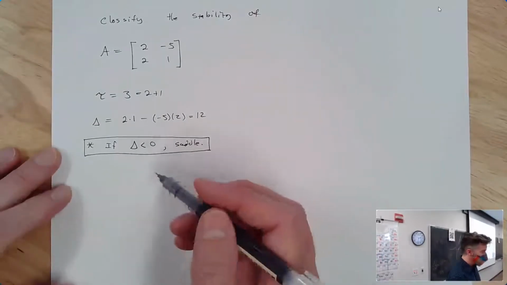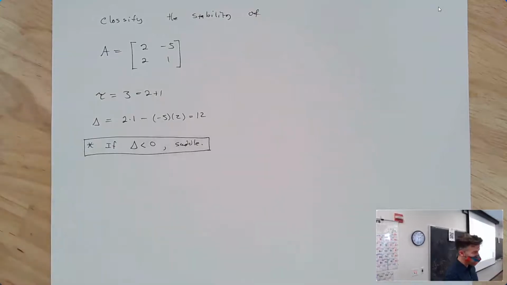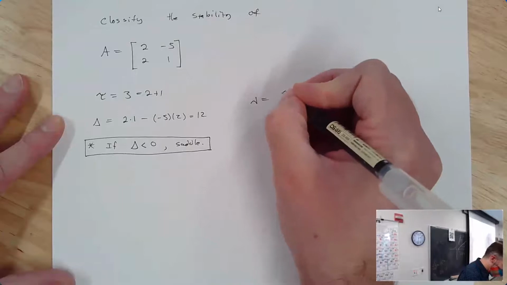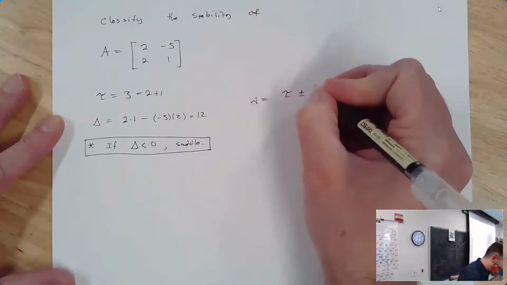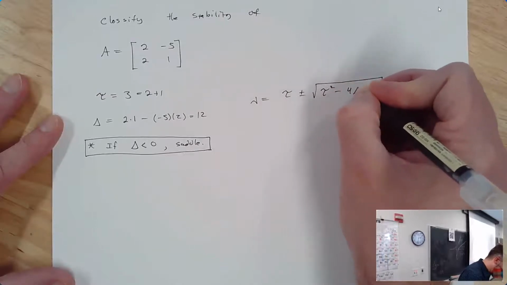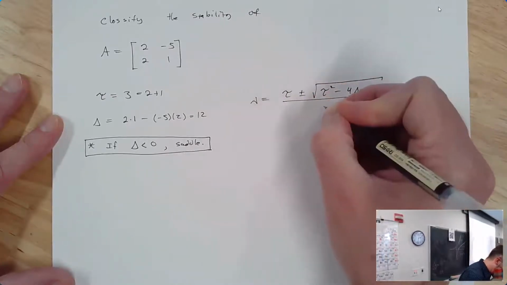Let's go ahead and write out the formula for the eigenvalues. It's really just the quadratic formula. My eigenvalues are going to be the trace plus or minus the square root of the trace squared minus 4 times the determinant, over 2.